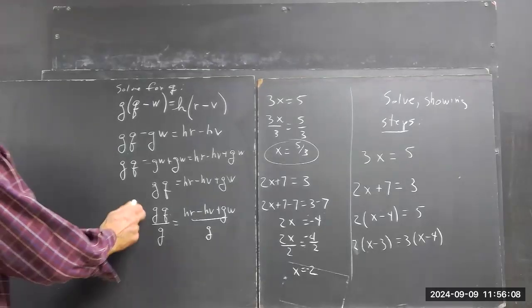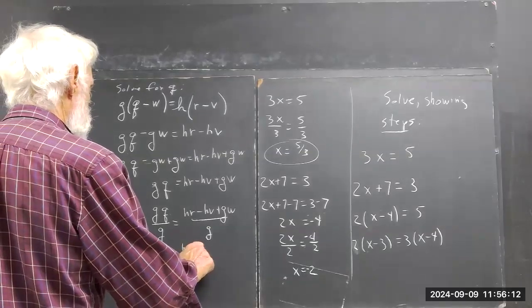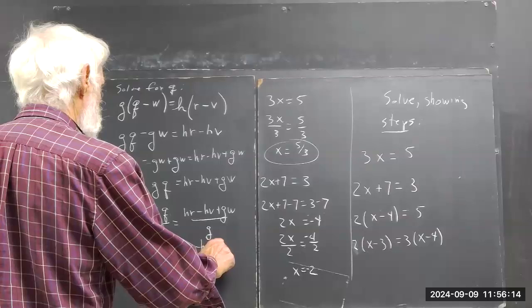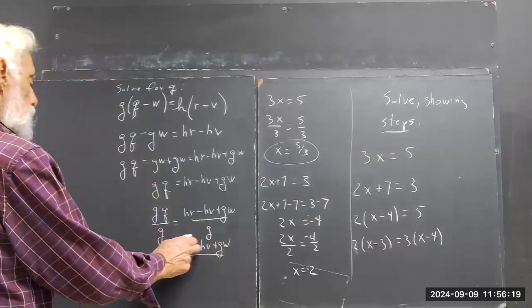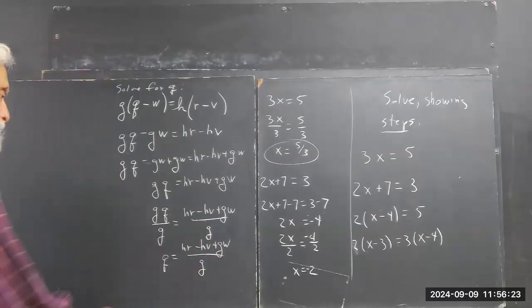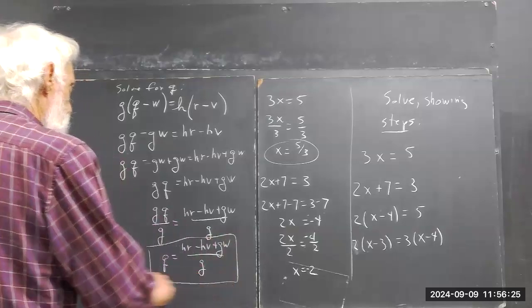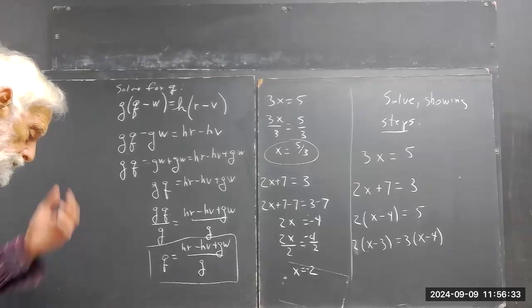And of course, the G divides the G, ending up with Q equals HR minus HP plus GW over G. I'm gonna leave it at that. That's generally the form we want, a numerator and a denominator, okay? Very good.